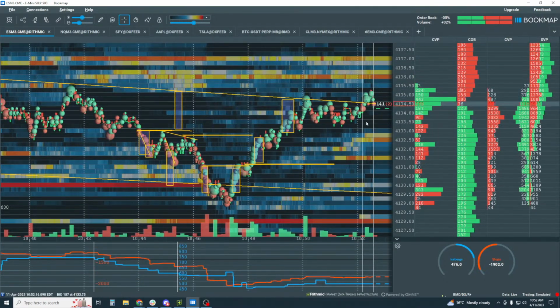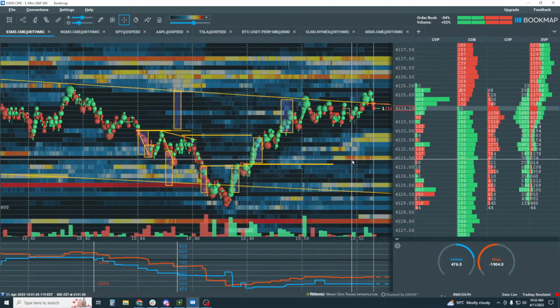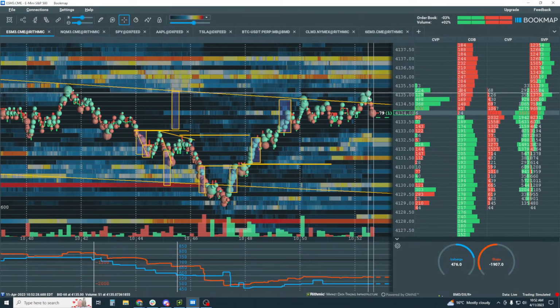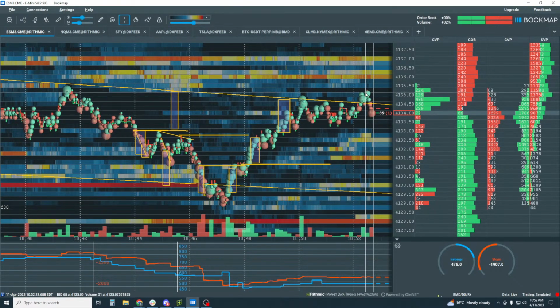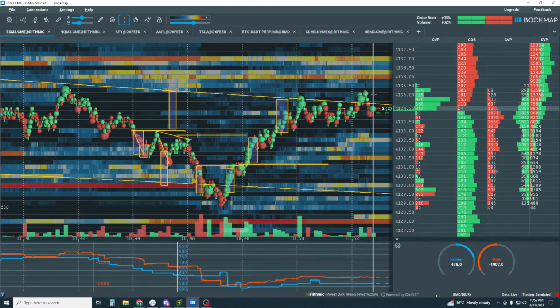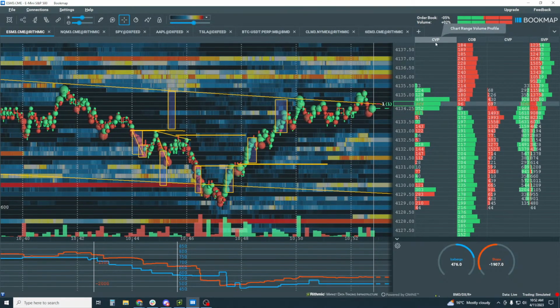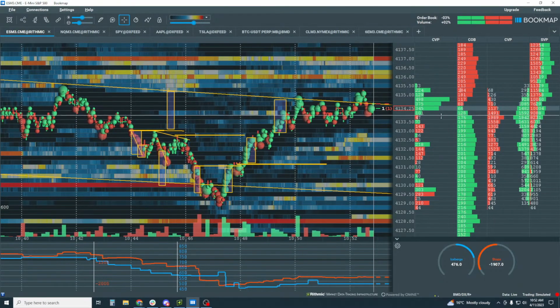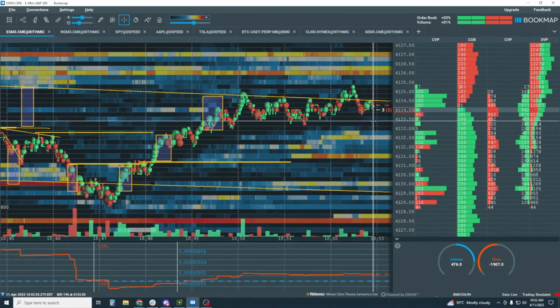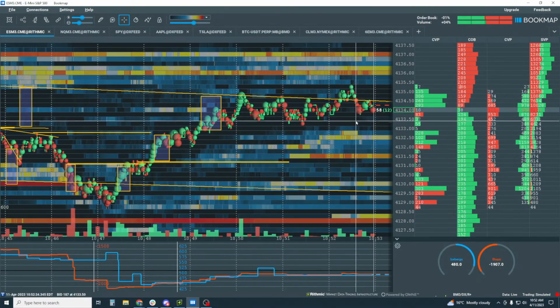Lots of buyers up here. And can't do it, even though this looks really good here. Let's see if we can get a retest back up here. I'm fascinated by this delta column. It's really underutilized by me, at least. I know a lot of other guys use it. I think it's just fantastic.